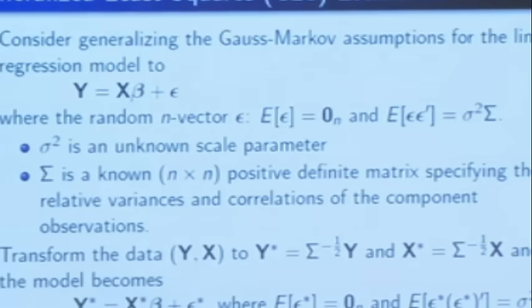So with that, we then have the least squares estimate of beta is the ordinary least squares in terms of y star and X star. Plugging that in, we have X star transpose X star inverse X star transpose y star. And if you multiply it through, that's how the formula changes.